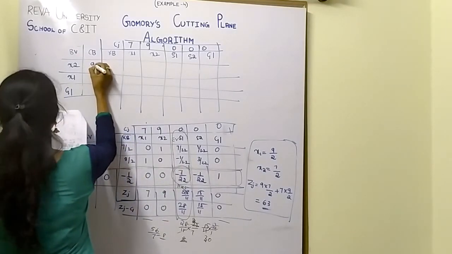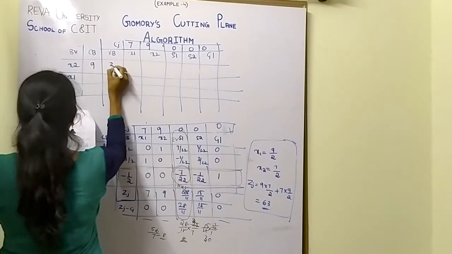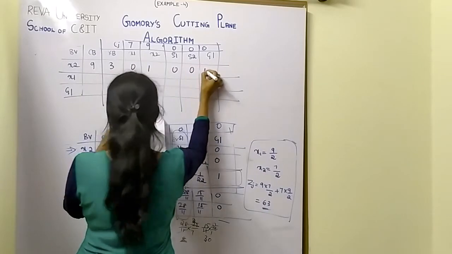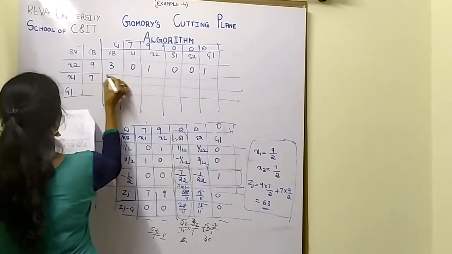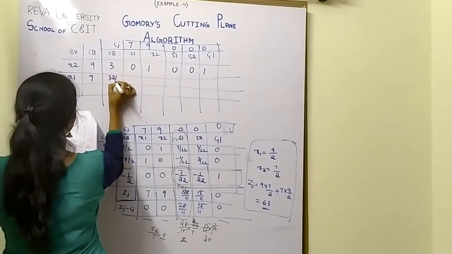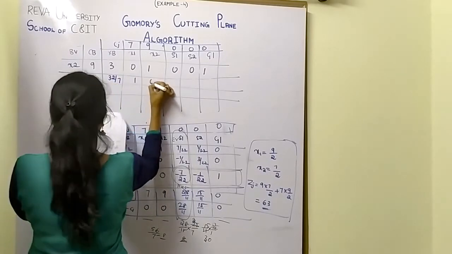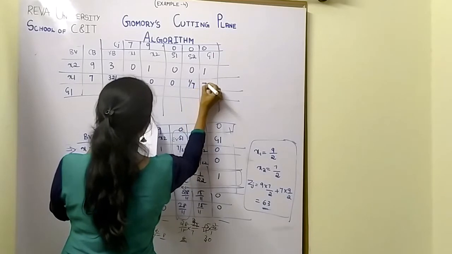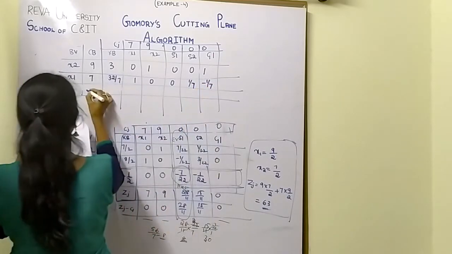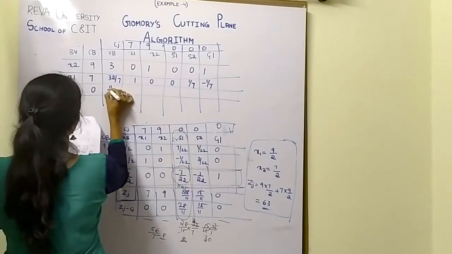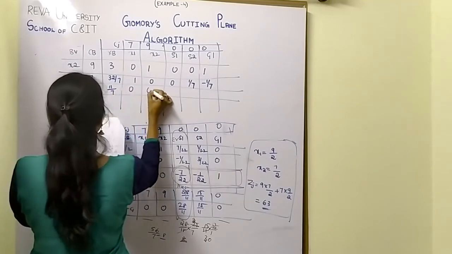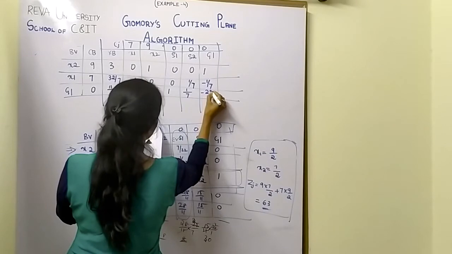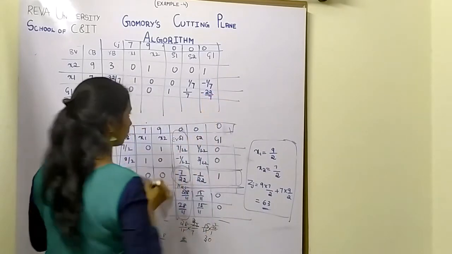You will get 9, 3, 0, 1, 0, 0, 1. 7, 32 by 7, 1, 0, 0, 1 by 7, minus 1 by 7. 0, 11 by 7, 0, 0, 1, 1 by 7, minus 22 by 7.